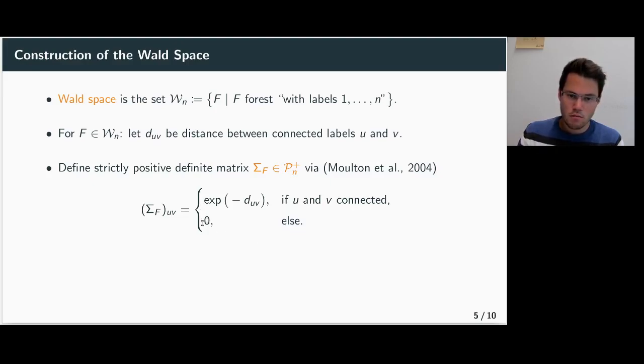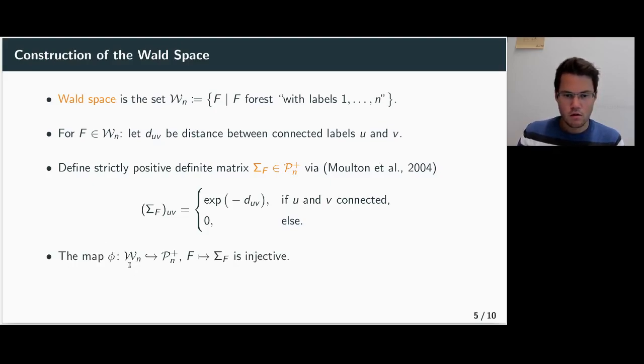So if the distance between them would be infinity, so if they would not be connected, they are 0 correlated. And if they have finite distance, then they would have correlation e to the power of minus d_uv. And if you let d_uv go to infinity, this correlation would go to 0. And if you let d_uv go to 0, then they would have correlation 1. So they would be the same label in some sense.